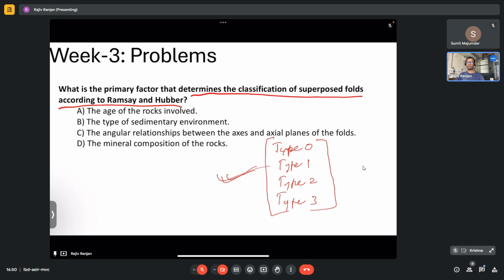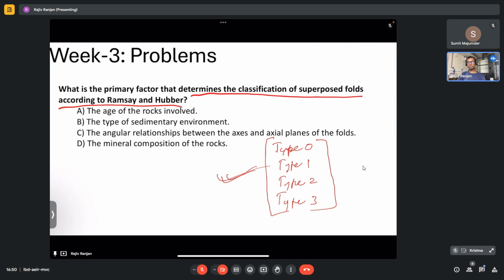Okay, I will show you the images. What do you think? Option A, the age of the rock.